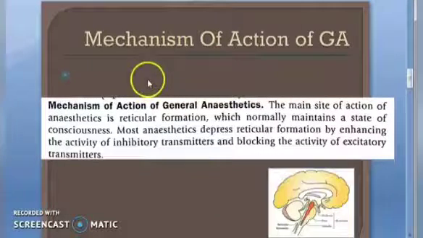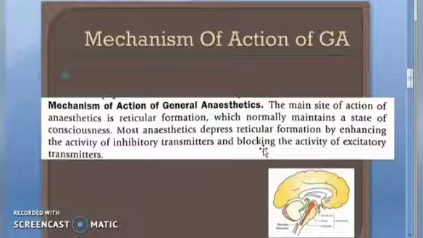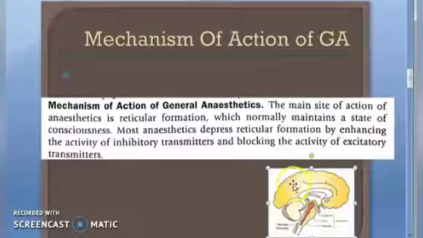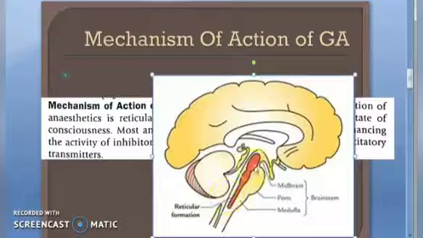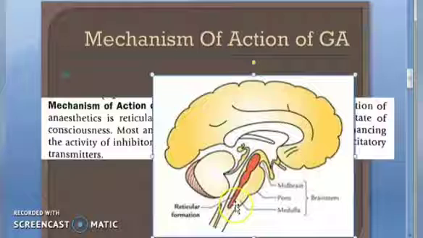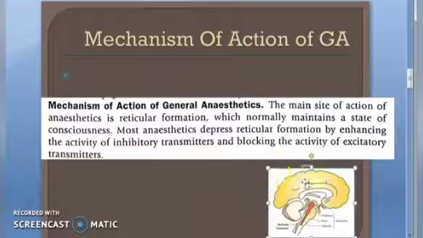Let's move on. How do general anesthetics actually act? The actual place of action is this reticular formation. Look at this. You know this reticular formation, right? Brain stem. So in reticular formation, these anesthetics will act.